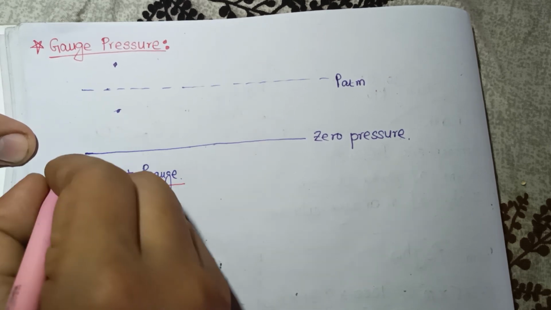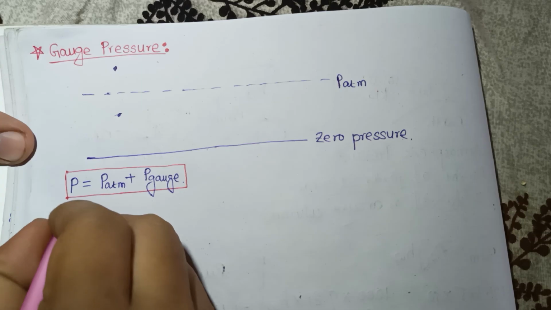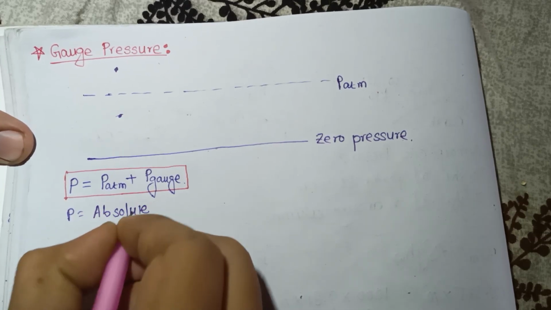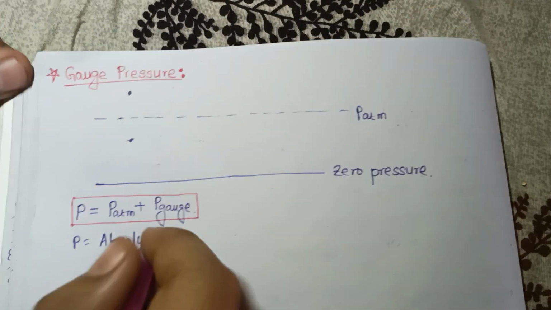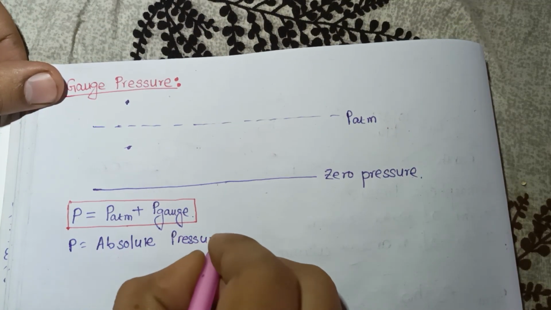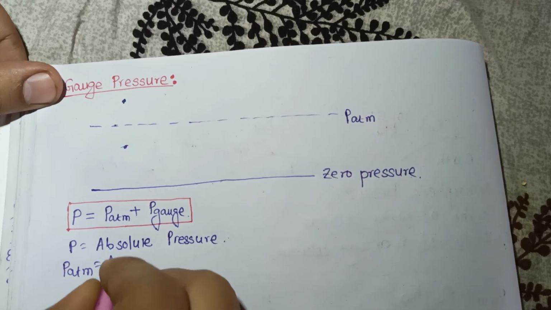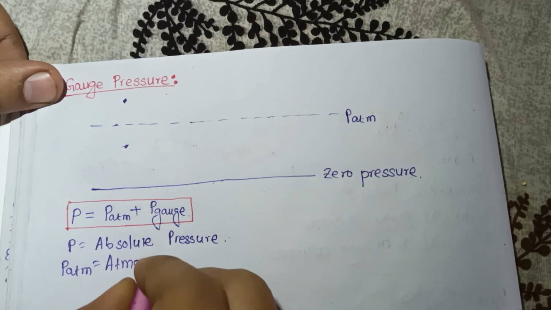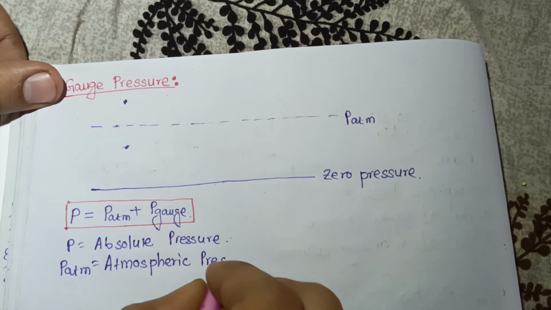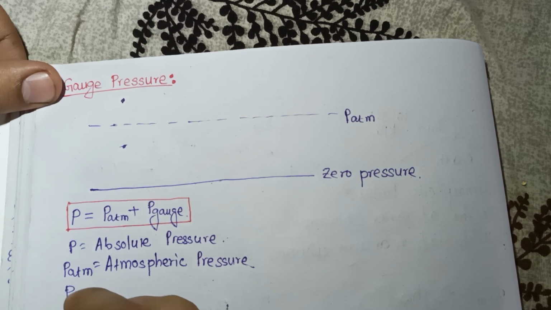Here P is the absolute pressure, PATM is the atmospheric pressure, and P gauge is the gauge pressure.